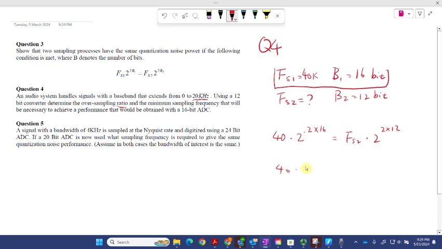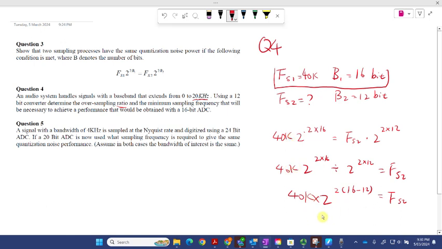So 40k multiplied by 2 to the order of 2 times 16, divided by 2 to the order of 2 times 12, equals fs2. This division equals 2 to the order of 2 times (16 minus 12), multiplied by the 40k.